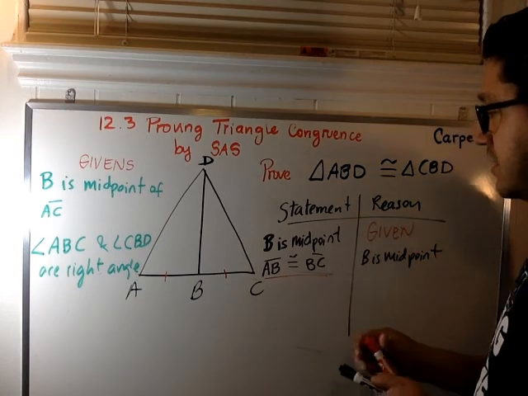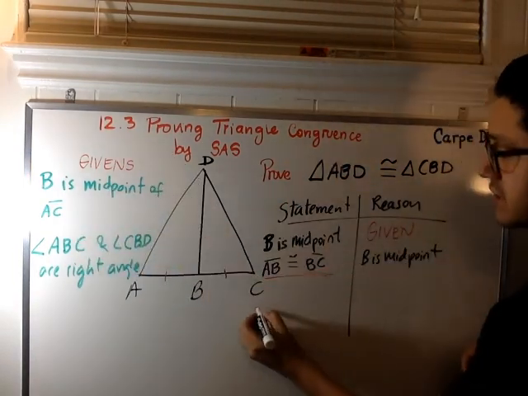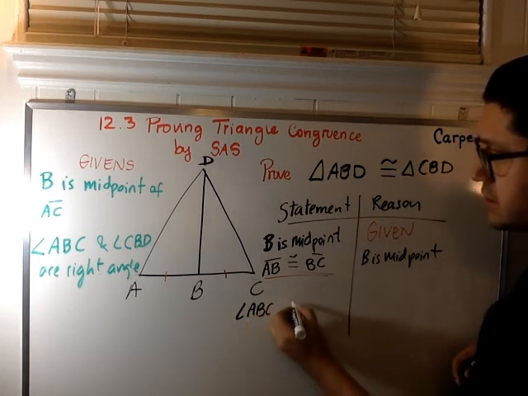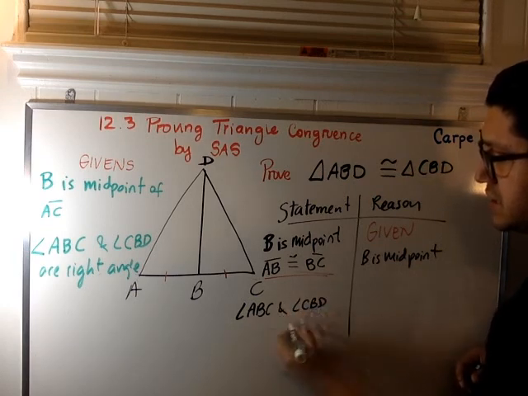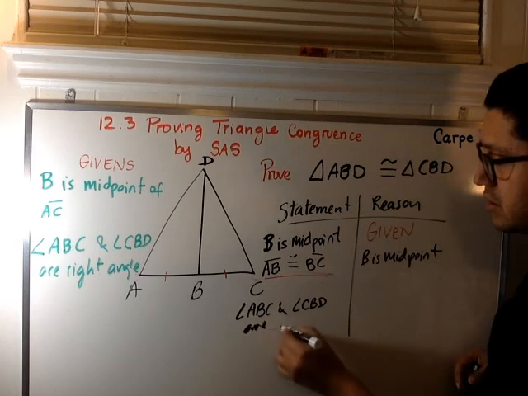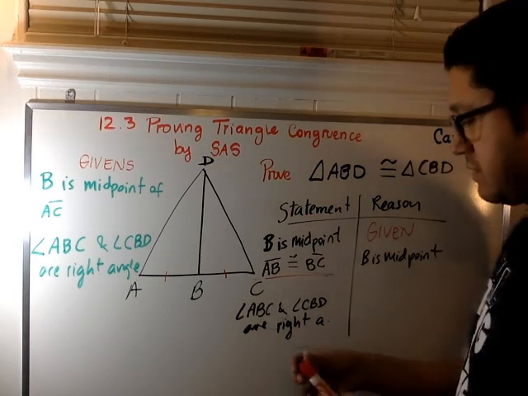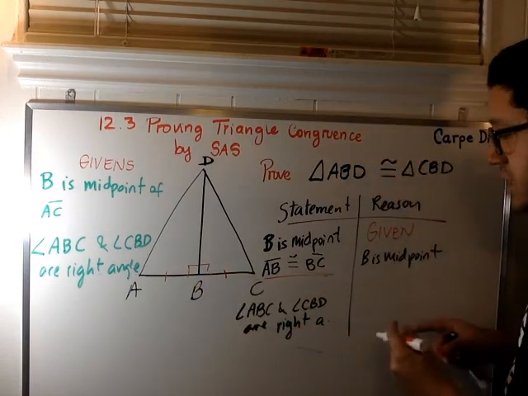We can also say this. From the given information, I say that angle ABC and angle CBD are right angles, okay? Why can I say that? It means this angle and this angle, they are right angles.